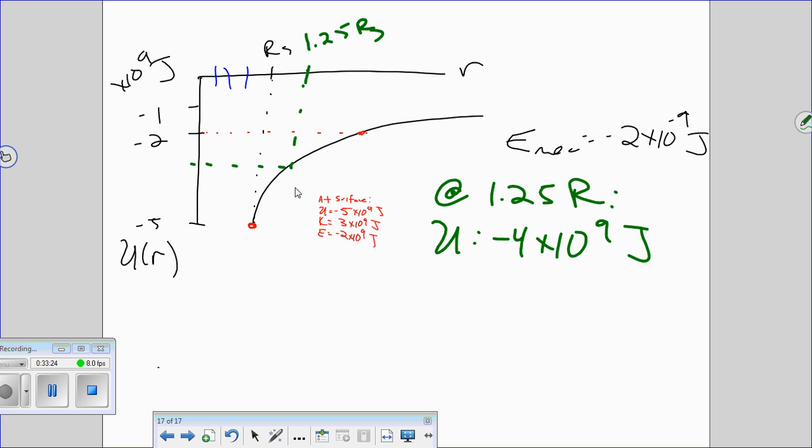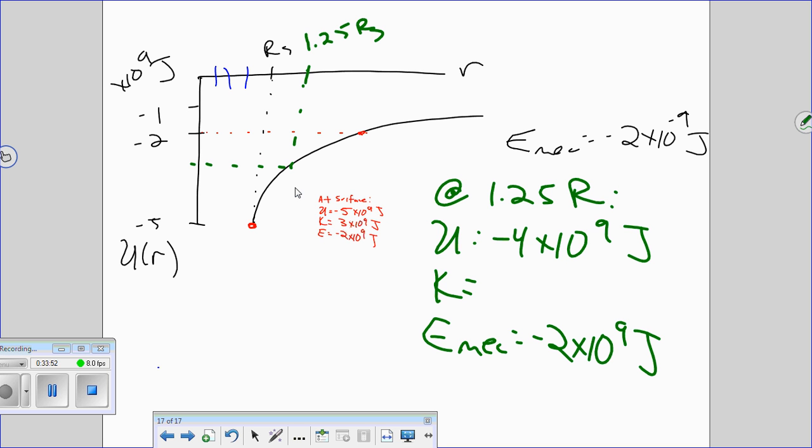Let me pause there so everybody can see how I got that. Everybody see that from the graph? And we know our mechanical energy is -2 times 10 to the 9th joules. So to find your kinetic energy, it's just -4 plus what is -2. And it happens to be +2, which is an unfortunate coincidence. I can see where that would have thrown you off.